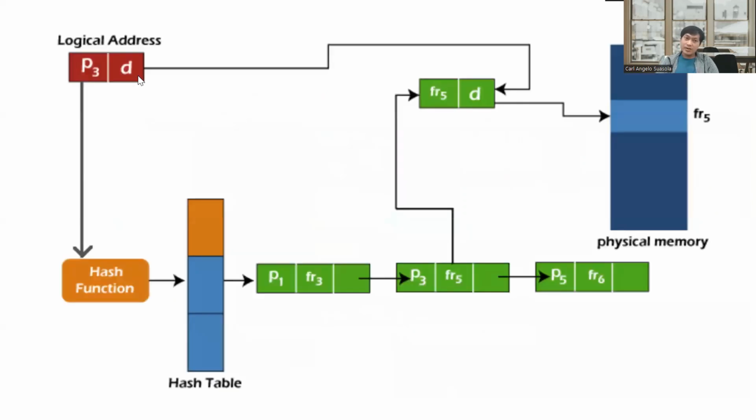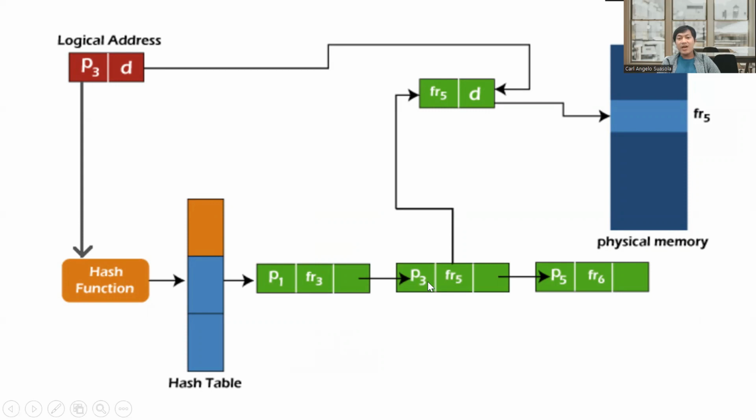If a logical address generates a page and offset, it goes to the hash function, which gives an entry to locate the hash table position. It then checks the linked list. For example, P1 will have frame 3; if it doesn't match, it checks the next link in the linked list.